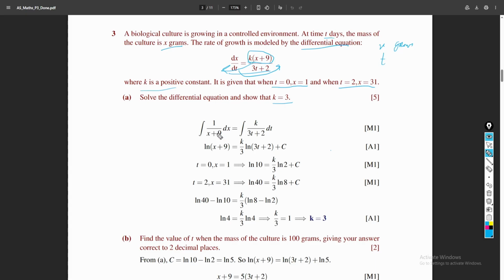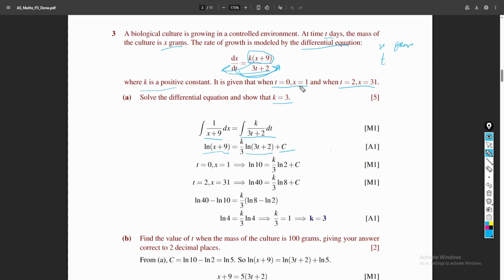So we take the x plus 9 to the left with dx, and the 3t plus and the dt to this side. So this is what it becomes, and then we integrate separately. This becomes ln x plus 9, and this becomes 3t plus 2, and then both of them will have a plus c. So we can just combine them and give a plus c here.